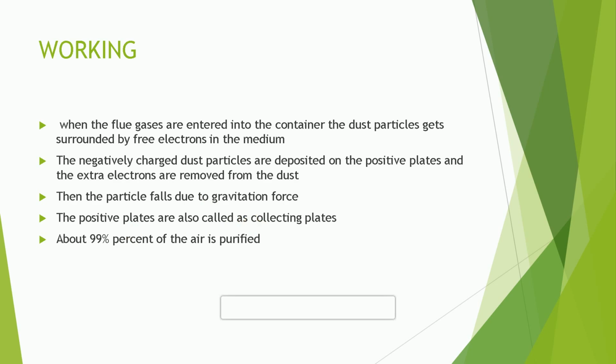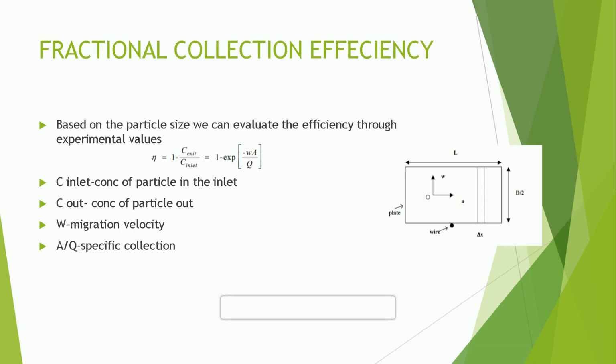So this is widely used nowadays in factories and in hospitals. How can we find the efficiency of the chamber? By knowing the particle sizes that we are letting in, we can find the efficiency.